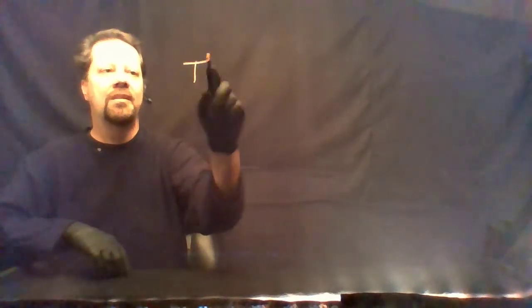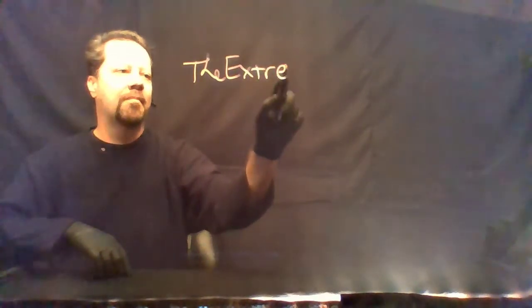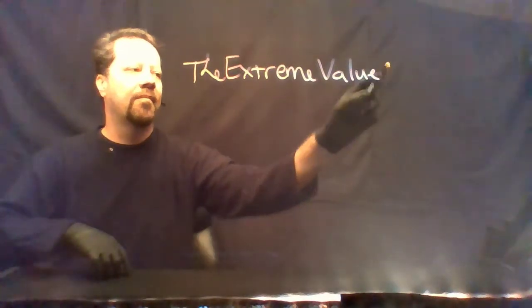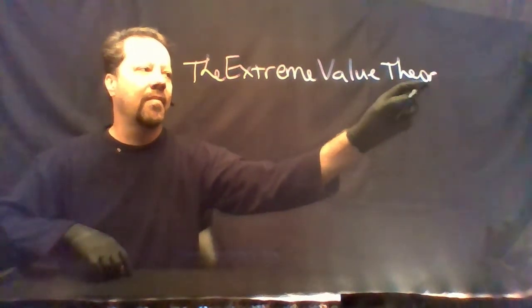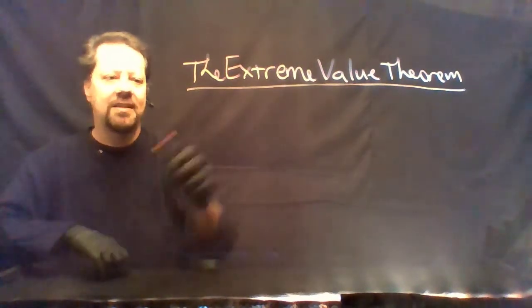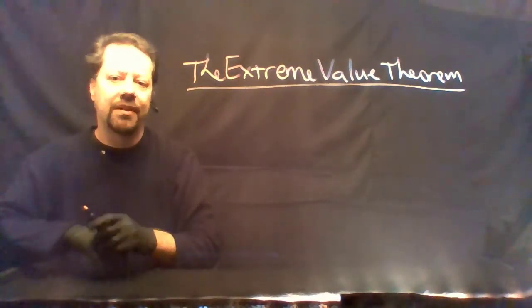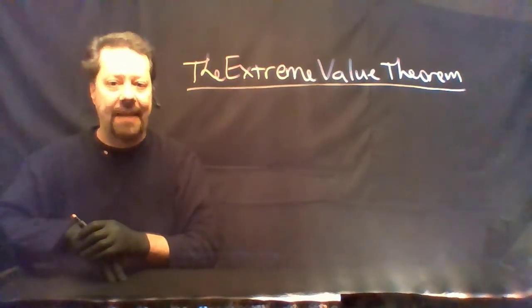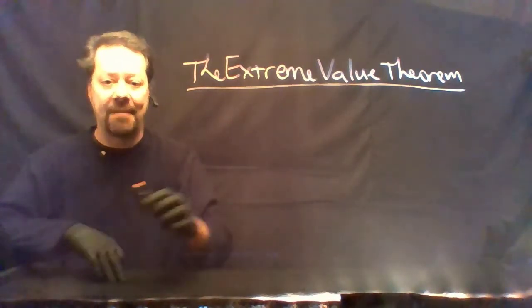It's called the extreme value theorem. It says that a continuous function defined on a closed and bounded set attains both its absolute maximum and its absolute minimum.